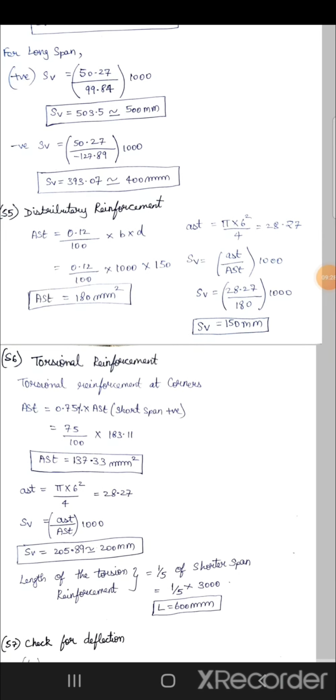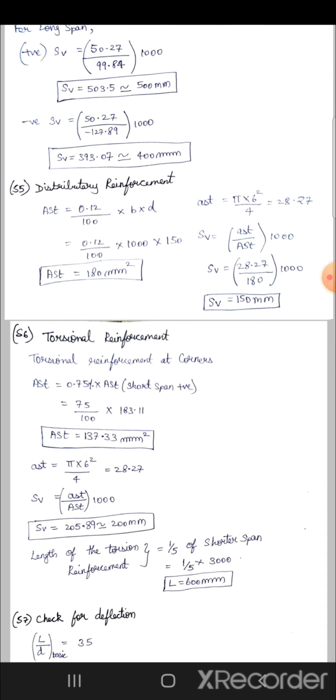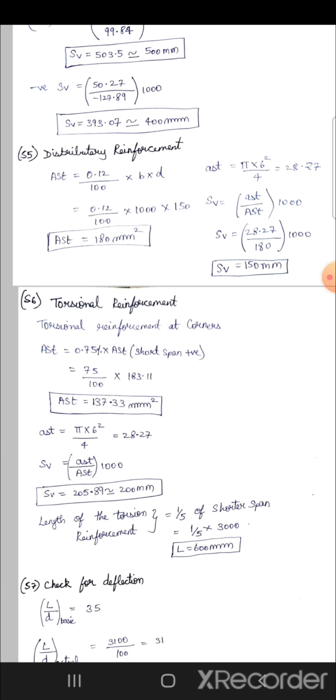Next step is calculating distributory reinforcement. Spacing formula is small ast by Ast into 1000. Small ast equal to pi d square by 4. d is diameter, 6 mm is taken. Answer is 28.27. Ast equal to 0.12 by 100 into breadth into effective depth.